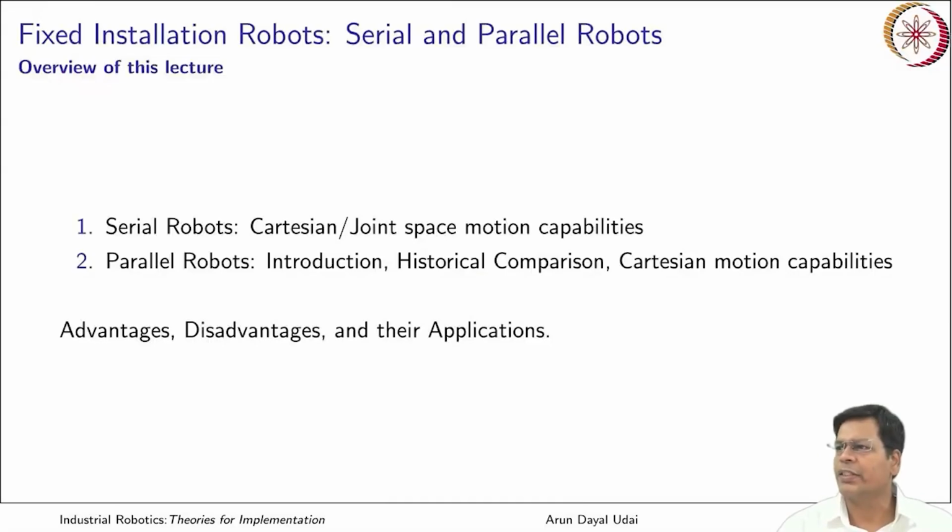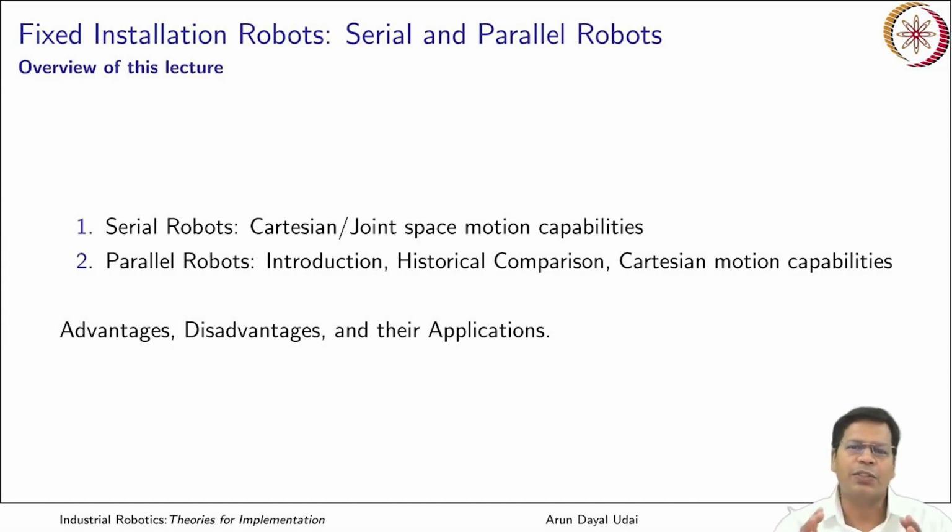In today's lecture, I'll be covering serial robots, and I'll show you their Cartesian and joint space motion capabilities. We'll discuss parallel robots also. I'll introduce you to this special kind of robot, its historical comparison, Cartesian motion capabilities, advantages, disadvantages and applications. Why is this special discussion required?